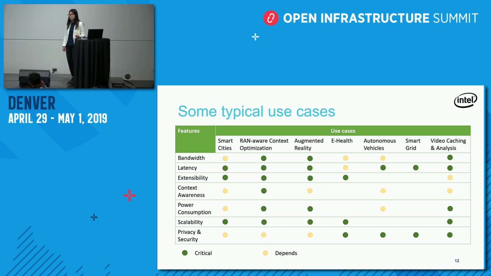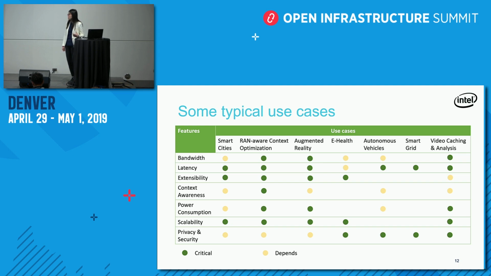So let's take smart cities. It has requirements for the latency, extensibility, and scalability. And also it has some requirements for bandwidth, context awareness, power consumption, as well as privacy and security.